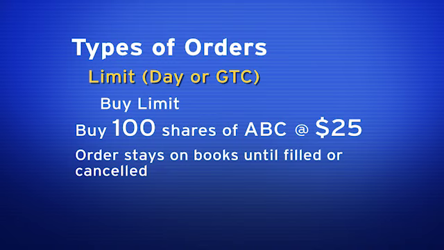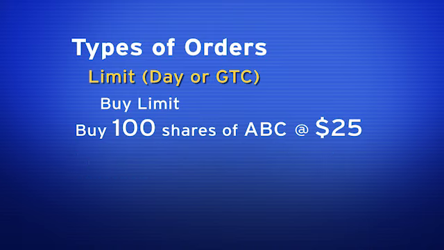So let's say that this was marked as a day order. So again, the order is buy 100 ABC at 25. So we want to buy 100 shares of ABC stock at $25 or better, which would be $25 or lower.